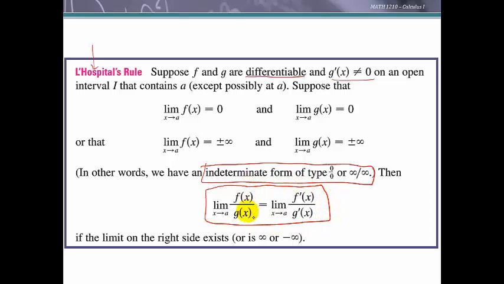The limit as x approaches a of this quotient f of x over g of x equals the limit as x approaches a of the derivative of f divided by the derivative of g, if the limit on the right hand side exists or is plus or minus infinity. Let's just look at that for a minute. If we meet our conditions, our differentiable functions and so forth, and our indeterminate form, then we can take the derivative of the numerator and the derivative of the denominator and then try to directly evaluate the limit.